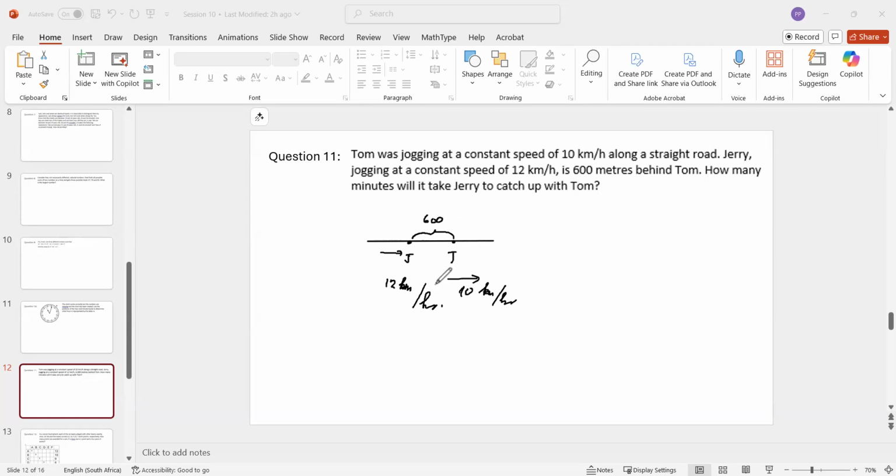All right, so the point is he is traveling faster, 12 kilometers per hour, and he's traveling at 10 kilometers per hour. So he's traveling at 2 kilometers per hour faster than this guy. And so, in other words, to catch up with him, he has to move 600 meters. And his actual speed relative to Tom is 2 kilometers per hour.